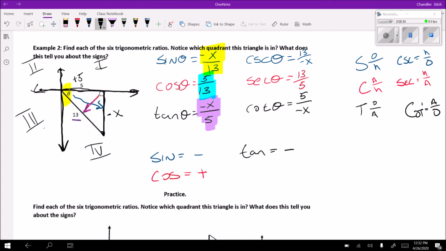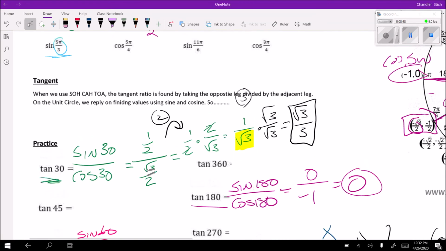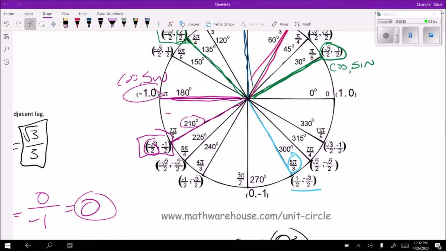So does that correspond with our unit circle? Again, this is a coordinate grid and our triangle is in the fourth quadrant. Does that correspond with our unit circle? Well, the fourth quadrant of my unit circle, I know I've already written on this, but you could see, for instance, this one. This is my fourth quadrant.